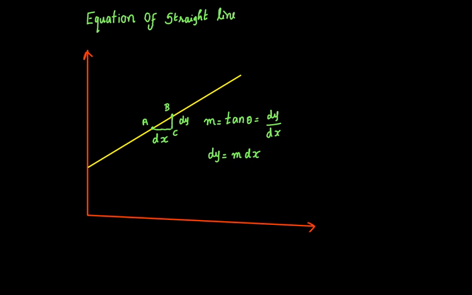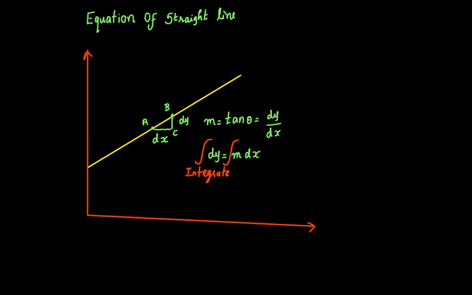Now I'm just going to integrate this equation. If I integrate the above equation, then Newton used to put the symbol, an elongated S, which stands for summation. What do you get if you integrate? S stands for summation, which means it represents all the small dy's added up.